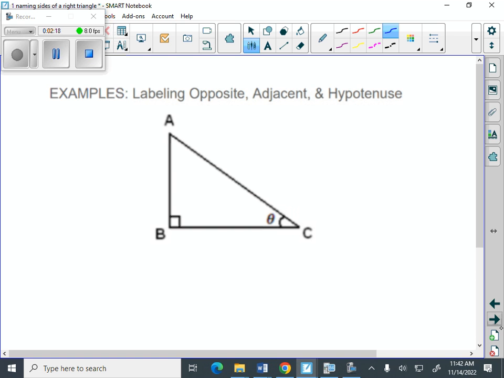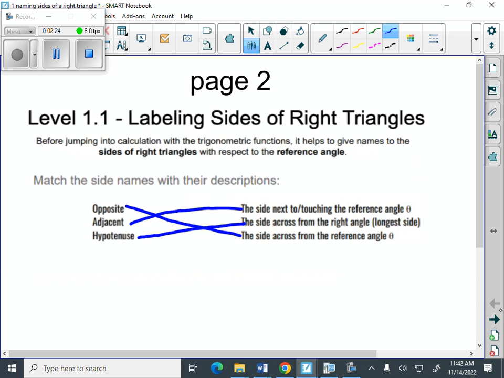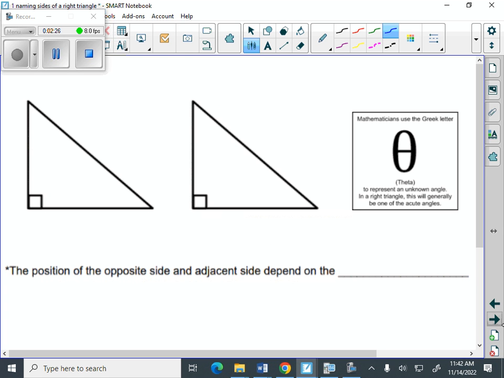So there's our pieces. Let's take a moment here because sometimes words don't do much. If we look at this picture here, first of all, the reference angle is oftentimes referred to with this symbol. It's a Greek letter called theta, which is spelled out there in the box, and it oftentimes represents an angle in a triangle.